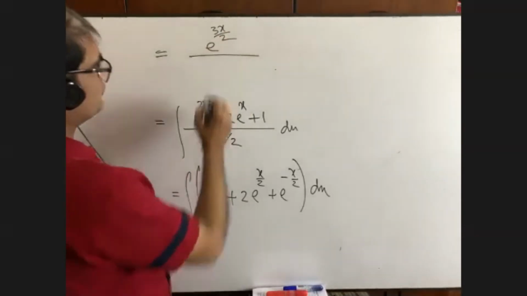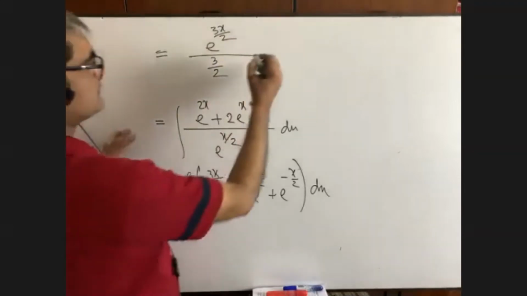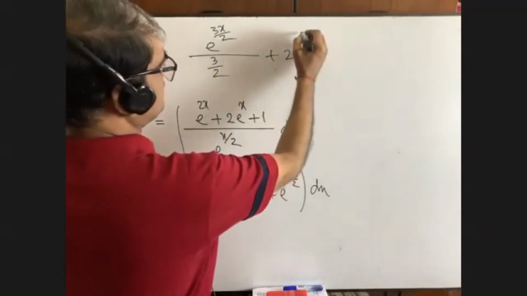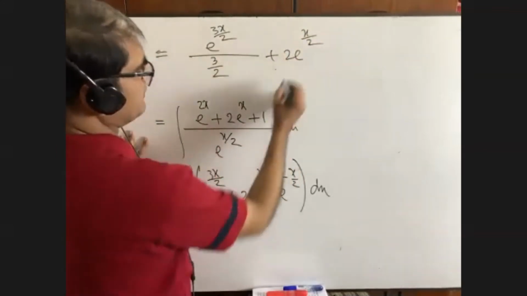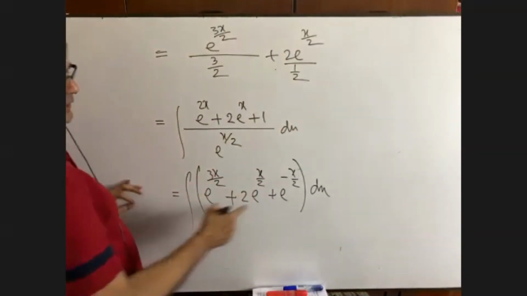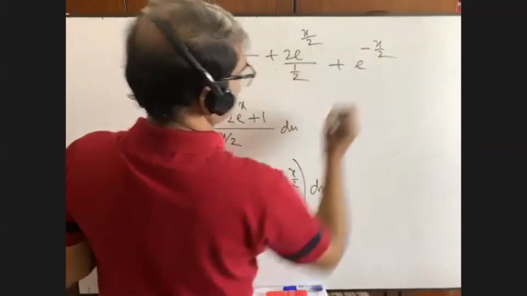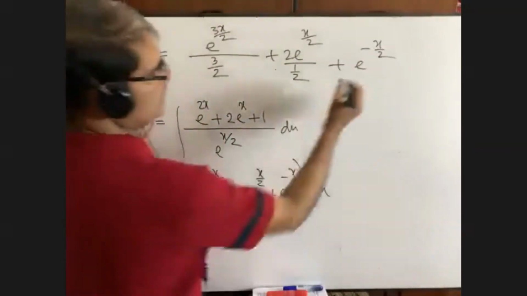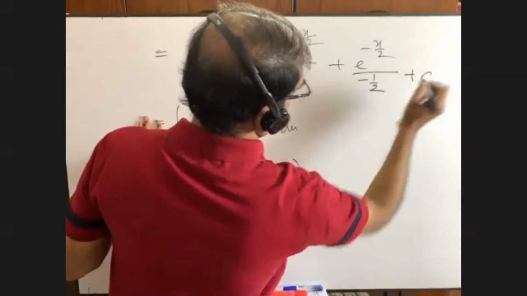It is 3 by 2, so it will be divided by 3 by 2. 2 e to the power x by 2: what is the coefficient of x? It is half, so it will be divided by half. The same thing, e to the power minus x by 2: what is the coefficient of x? It is minus half, so it will be divided by minus half. Then at last it is plus c.